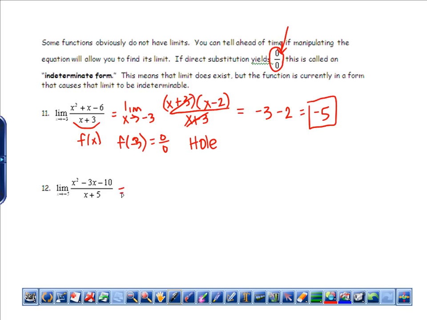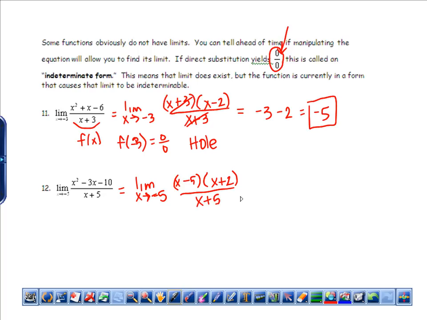So let's think about this next one. All right, if I factor this, and factoring this is another reason why we are always on you guys' case about learning to factor. You've got to be really good at factoring to do all of this limit stuff. All right, this is going to be x minus 5, x plus 2, all over x plus 5.